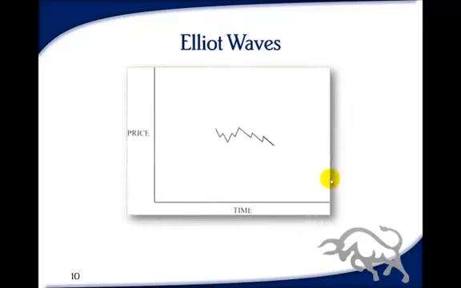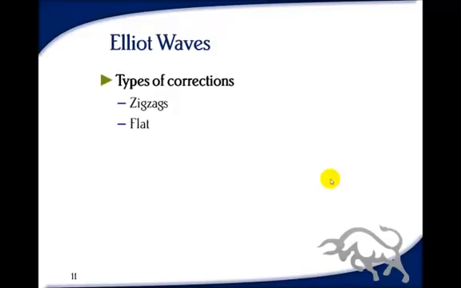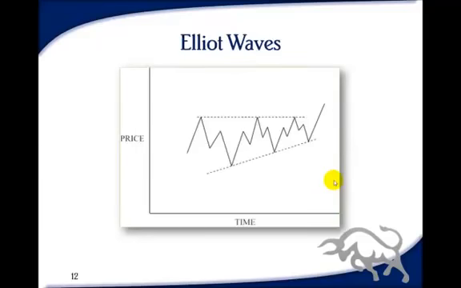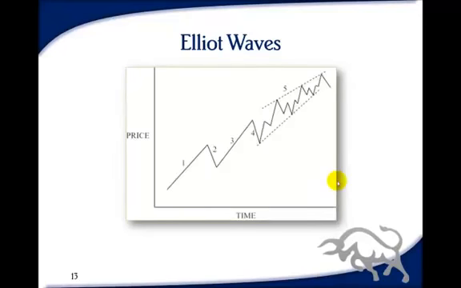And the other type of correction is the triangle. It represents the balance between the buyers and the sellers. They're just jiggling along the price and no one really is dominant. Usually the triangle gets narrower, and you'll see lessening volume as the triangle gets narrower. And you'll see quite often that triangles are the 4th wave of the trend before the push of the 5th wave, and so triangles are known to be both bullish and bearish signs because they're immediately bullish.